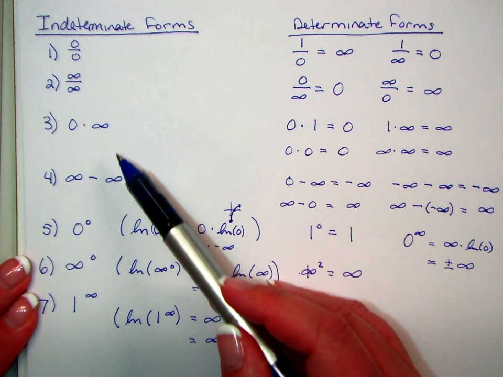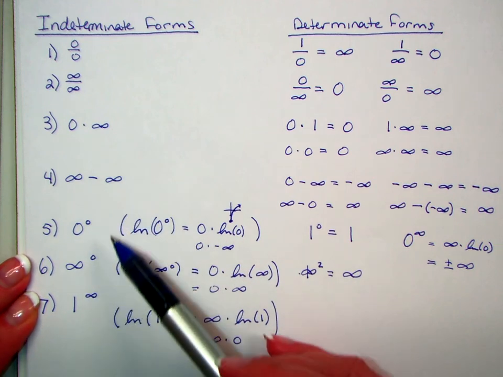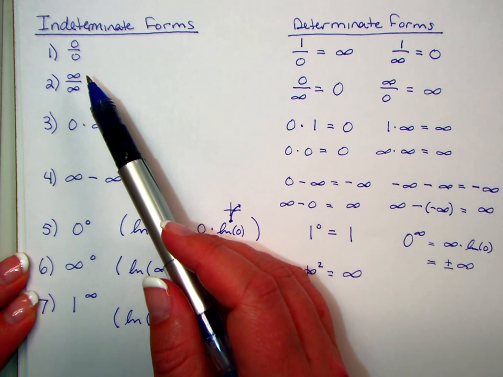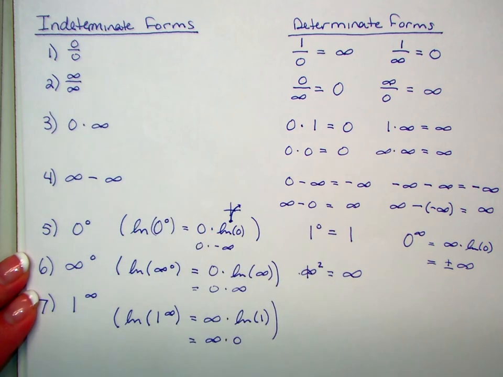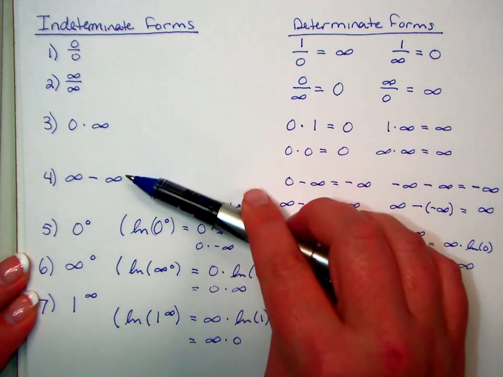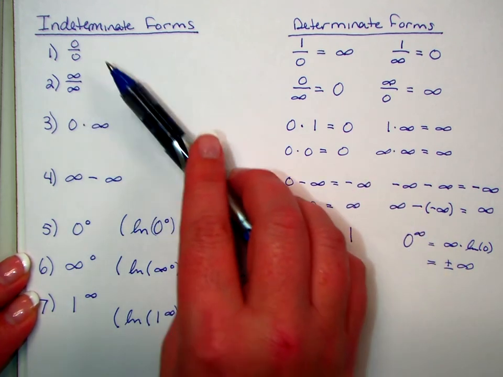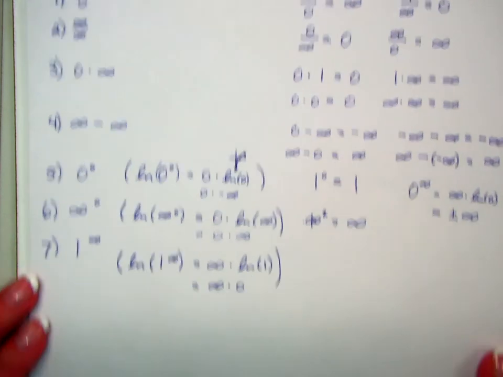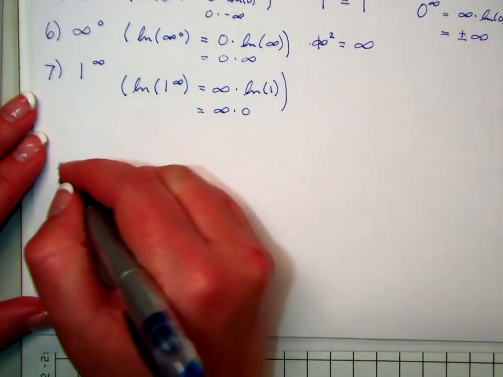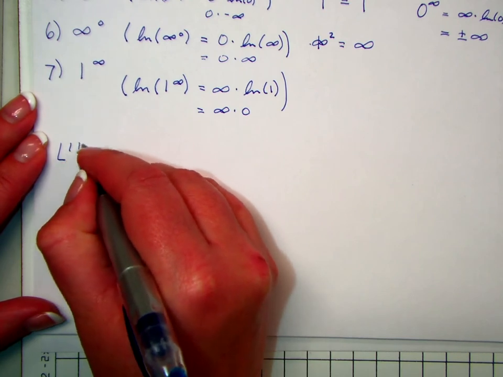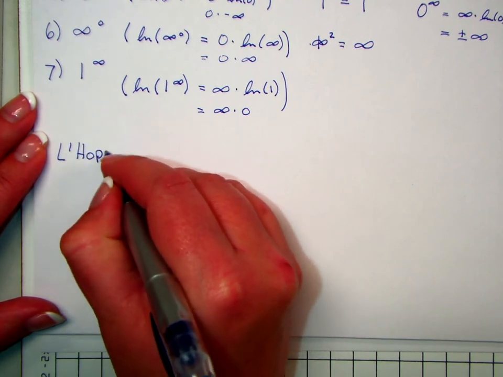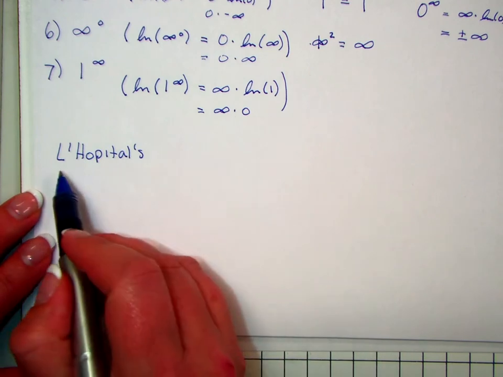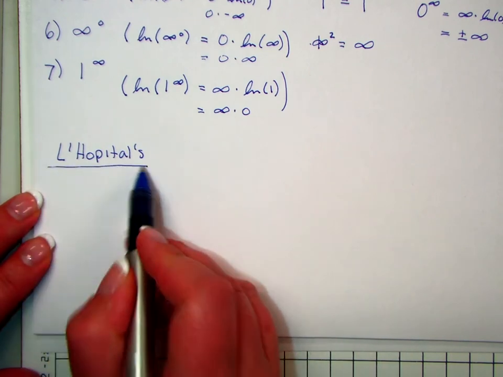All these other indeterminate forms require us to change their form to an indeterminate quotient before we use L'Hopital's rule. So we're going to look at examples of all of these, but first let's just focus on our indeterminate quotients. L'Hopital's rule is very handy. This is applicable even to the beginning of the semester, so of course that's why we're doing it last here.